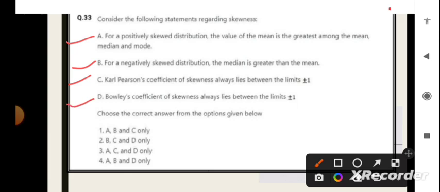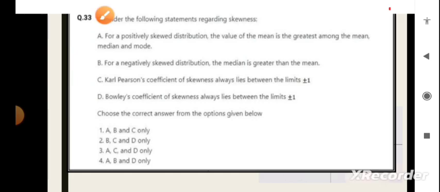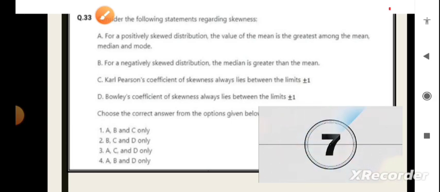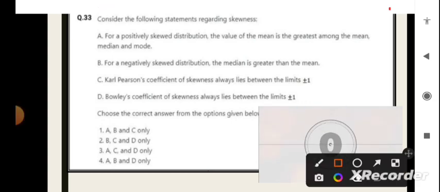Statement fourth is, Bowley's coefficient of skewness always lies between the limits plus minus 1. So here, after eliminating statement third, we will get our correct answer, which will be option 4. The Karl Pearson coefficient of skewness lies between the limits plus minus 3.